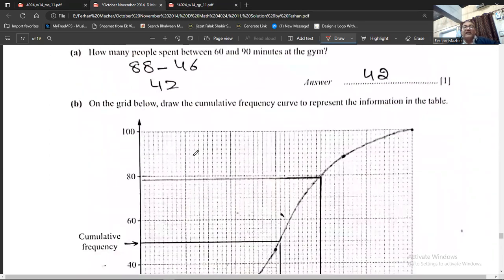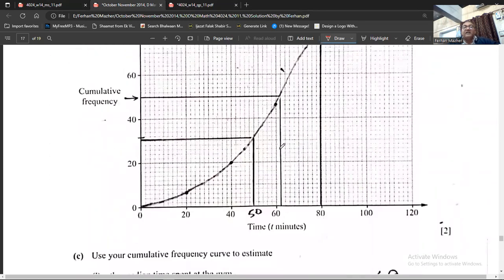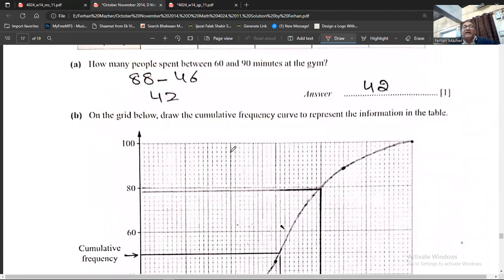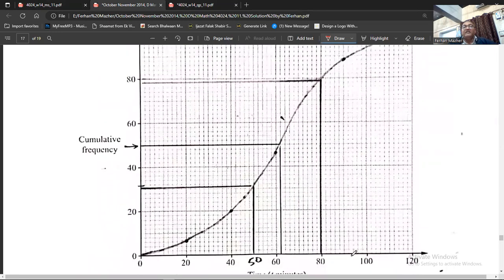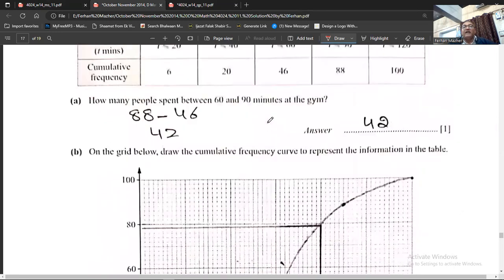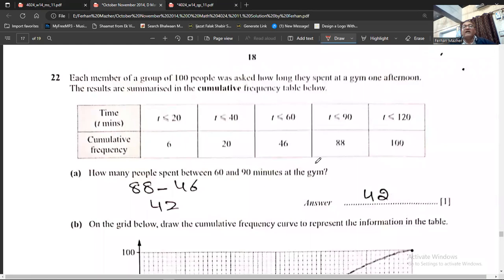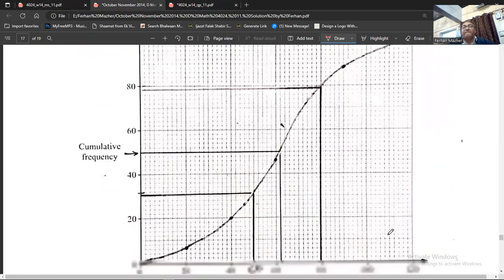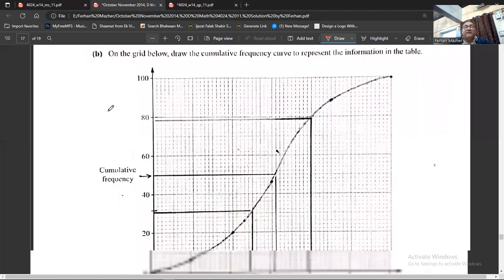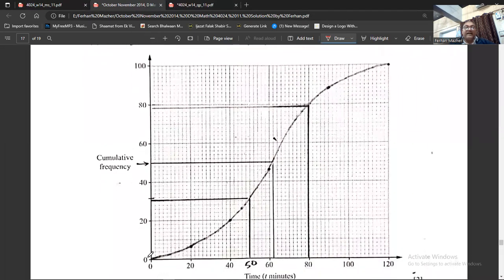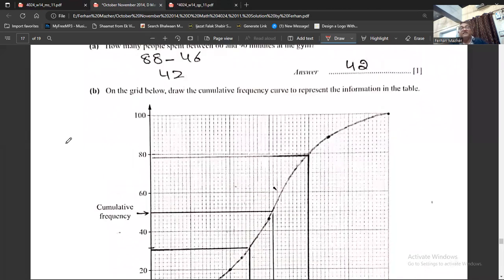At 60 you will have 46. At 90 you will have 88. And at 120 you will have 100. Then I will join them with a smooth curve. So this is my cumulative frequency curve.